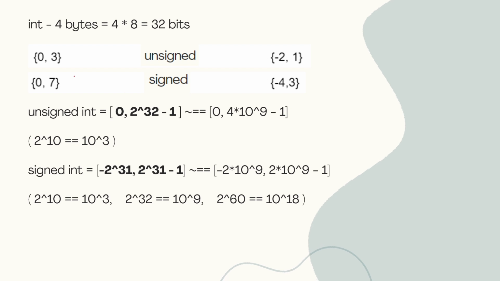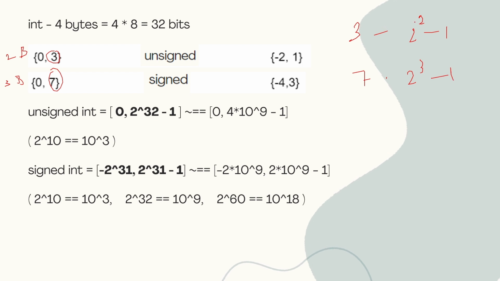Now, you can clearly check, this is for 2 bit and this is for 3 bits. There is something you can check here, 3 and 7. 3 is nothing but 2 power 2 minus 1, and similarly 7 is 2 power 3 minus 1.